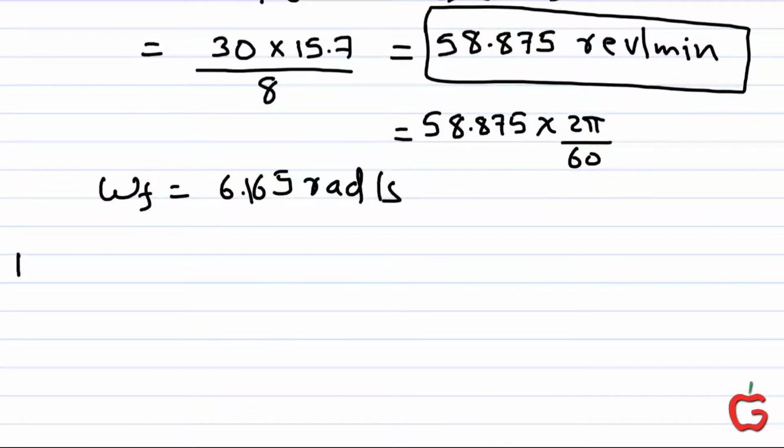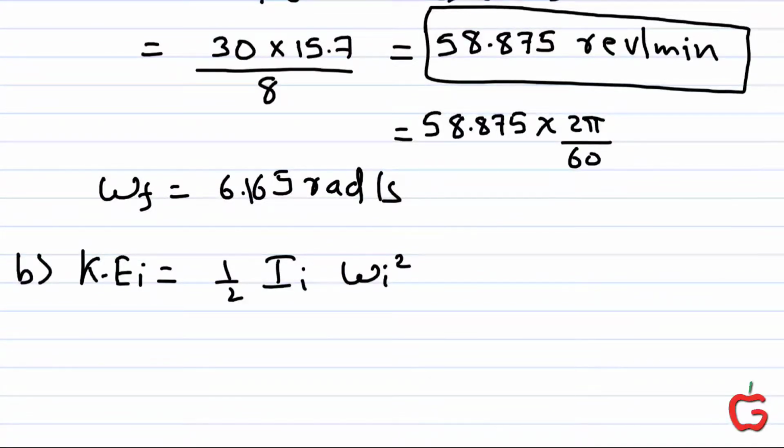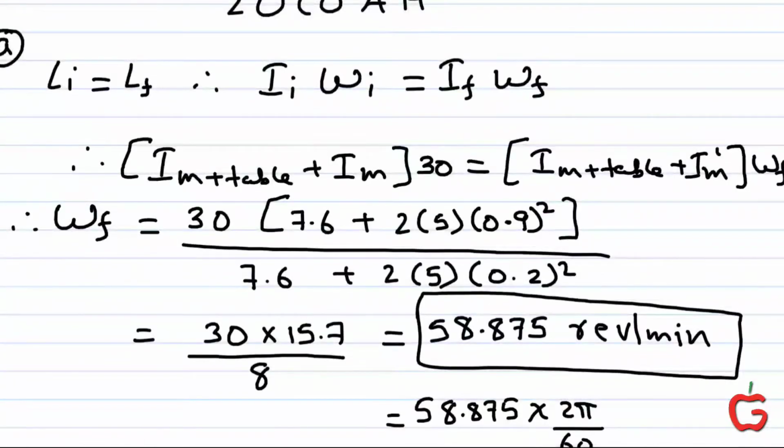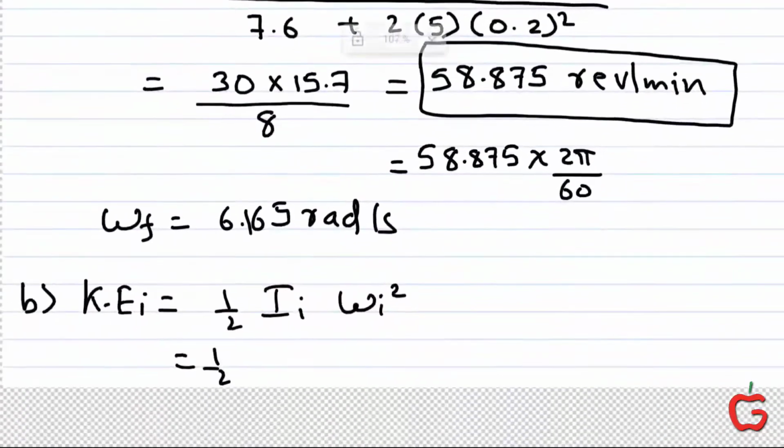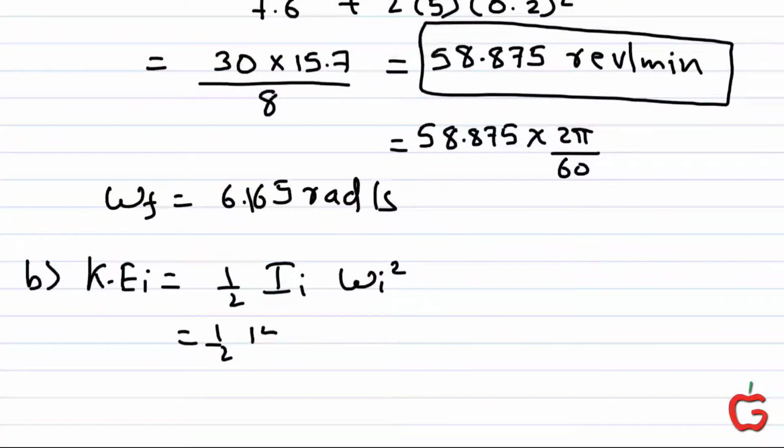Now the initial kinetic energy is half initial I omega I squared. So this is initial I, which is 15.7. Initial omega, omega I, is 30 revolutions per minute. But for kinetic energy we have to convert it to radians per second.